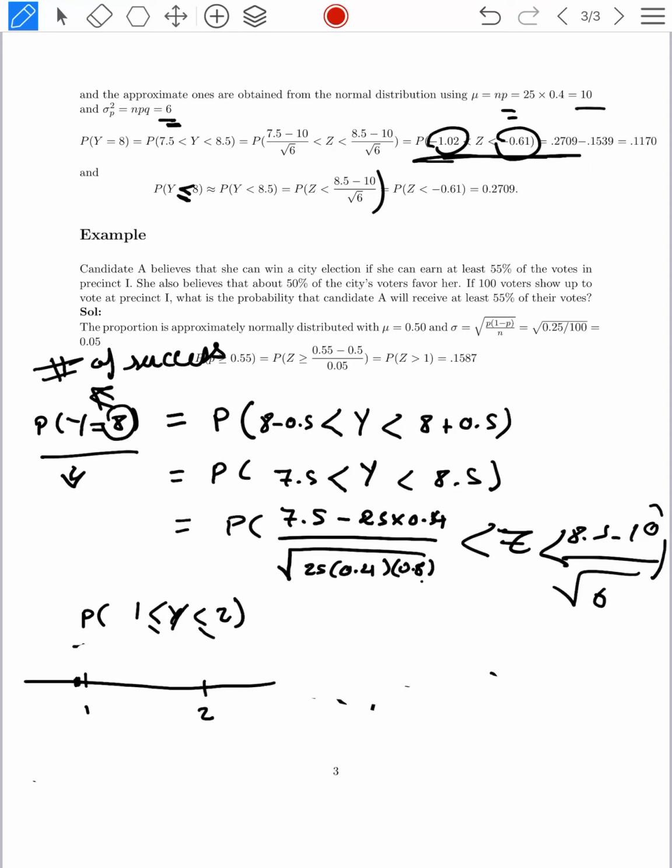So I have to start from 1 minus 0.5, because if I start from 1, then 1 is not going to be included. And then 2 is included. If I subtract half, it's going to be less than 2, so 2 is not going to be included. So in this case, 2 plus 0.5.